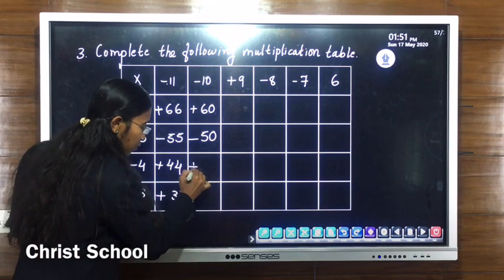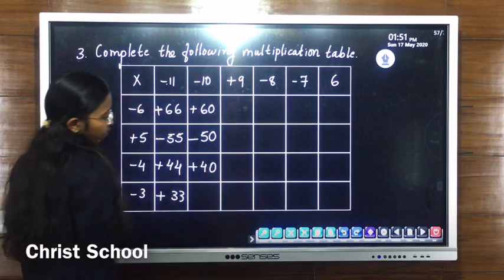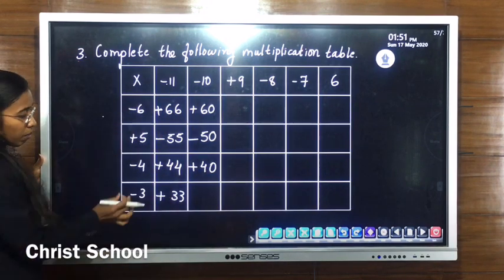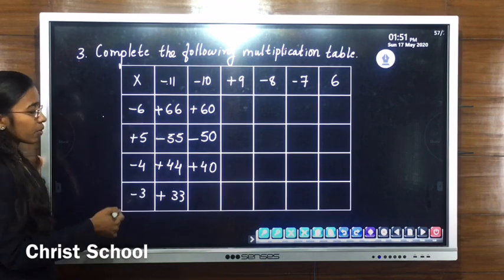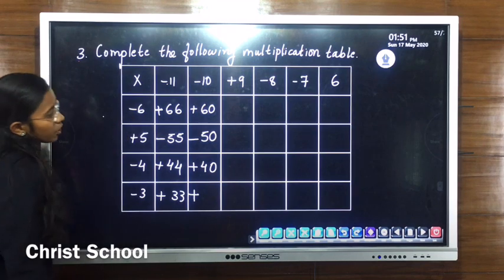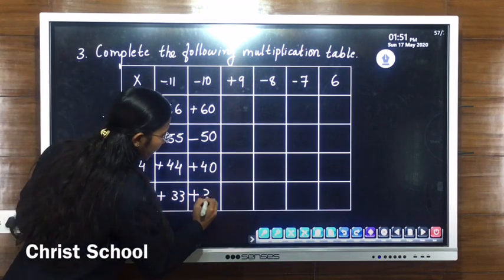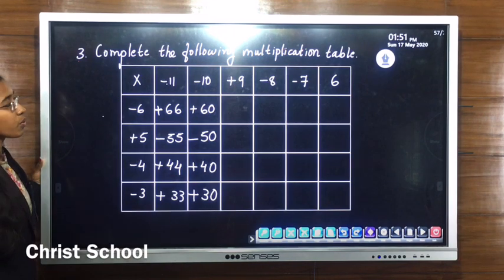So our sign is always positive. 4 into 10 is 40. And the next one minus 3 into minus 10. Both are negative and so they are like integers. So our sign is always positive. 3 into 10 is 30. Okay, and the rest of the column just try to do yourself.